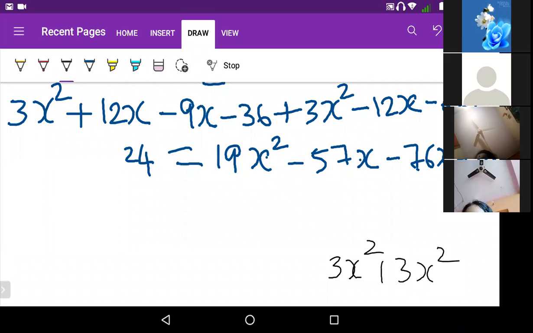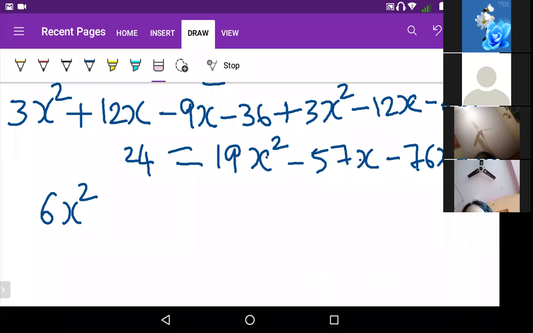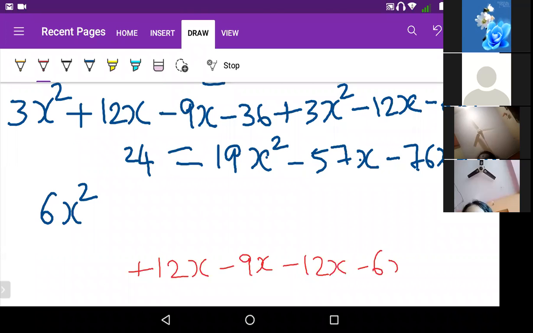Both are plus 3x square, so plus 3x square plus 3x square will give you 6x square. Now after this we will check how many x are there. You have plus 12x minus 9x minus 12x plus 6x. That's all we have. Now can you say plus 12x minus 12x I can cancel?